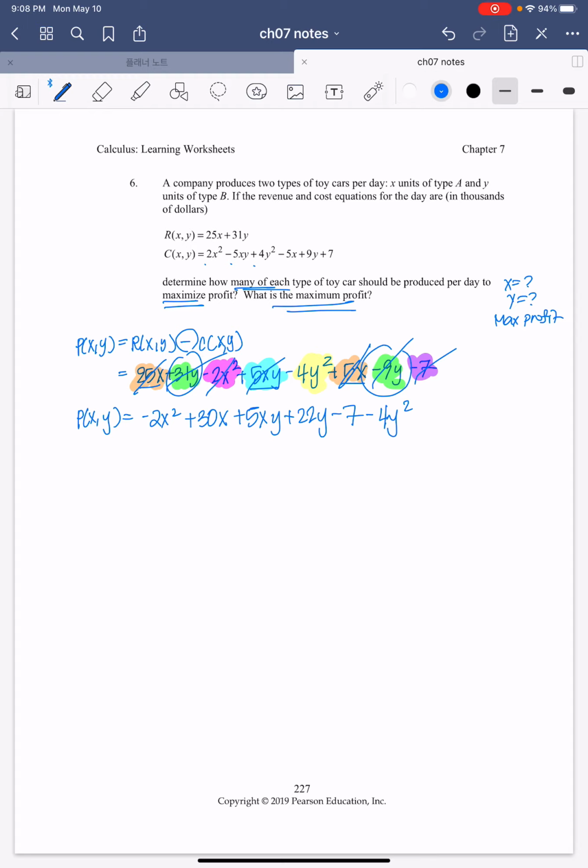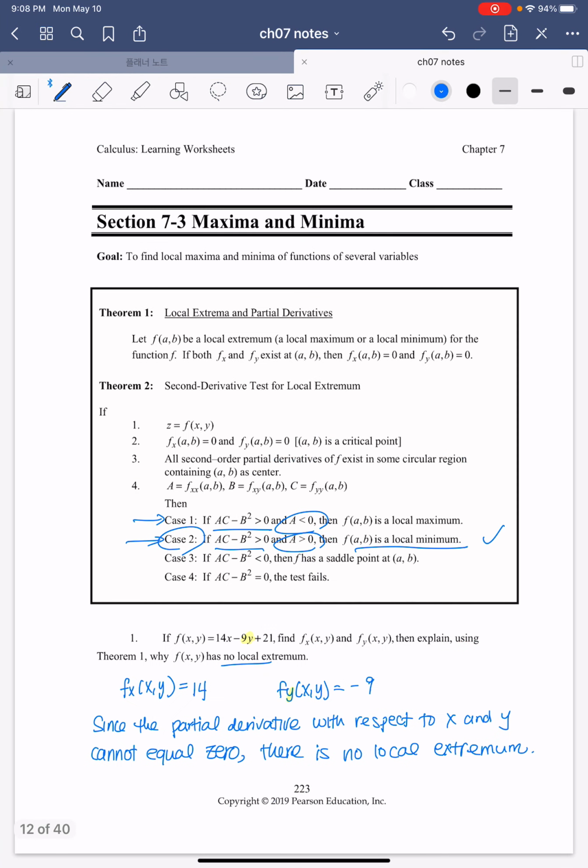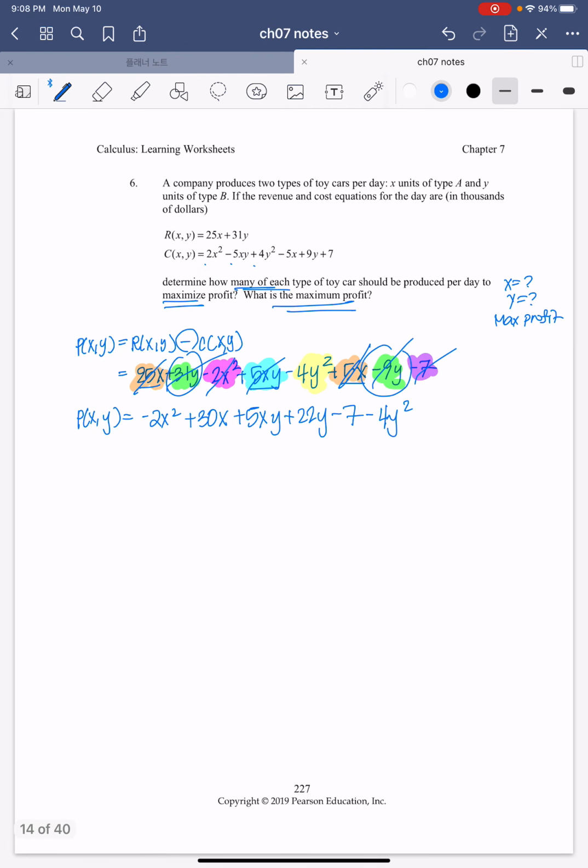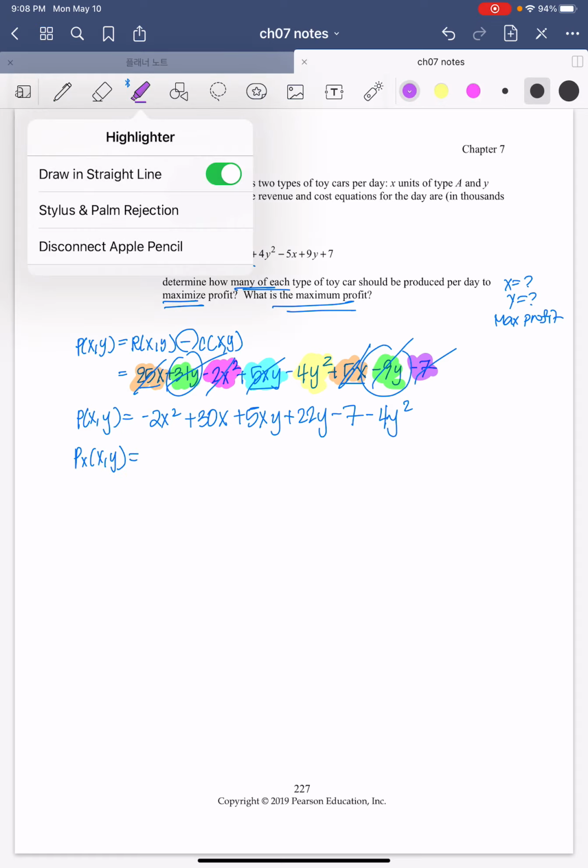Because we want a max profit, we want to find out this case. So we will take the partial derivative and then set it equal to 0. For this one, I'm going to take respect to x.